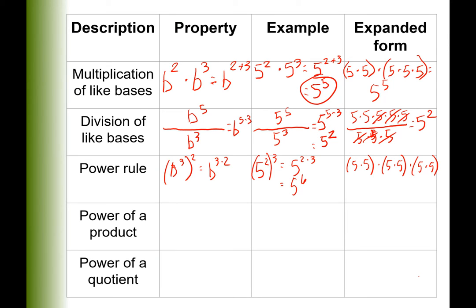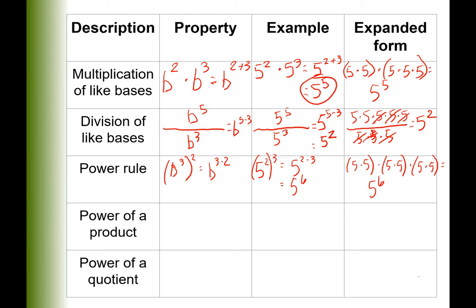Three sets. And with expanded form, we're just seeing what our total number is. So we have a grand total of 1, 2, 3, 4, 5, 6 fives, or 5 to the 6th power.